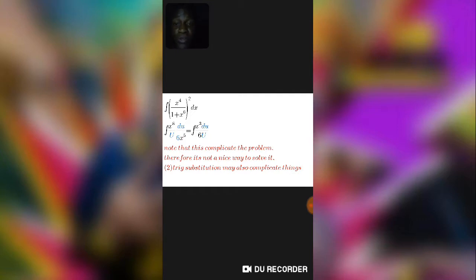And if we use trig substitution here, it may also complicate the problem. So let's see, what if we try to reduce the integral to a simpler form, letting u equal the denominator such that its derivative cancels out nicely with the numerator, using integration by parts.